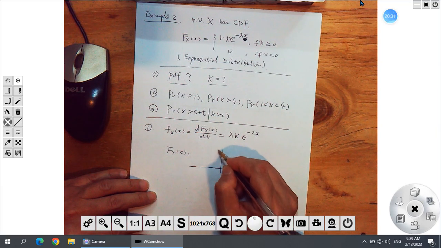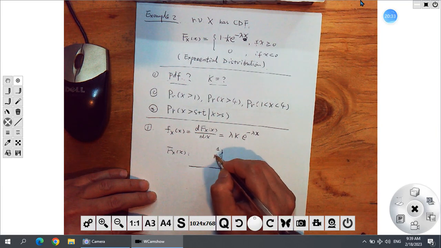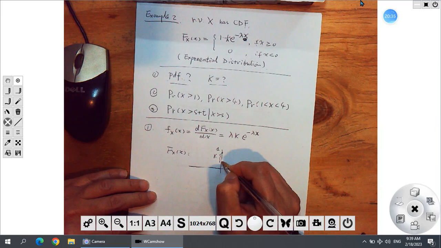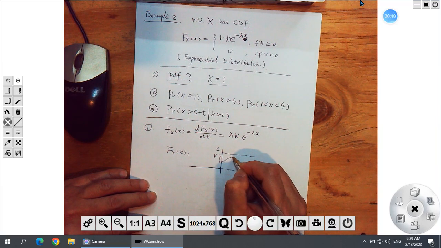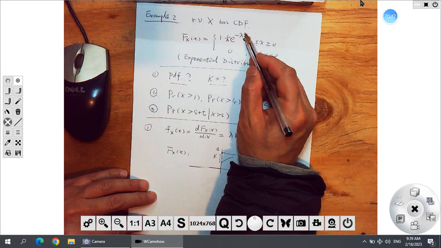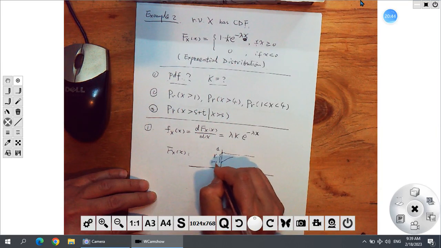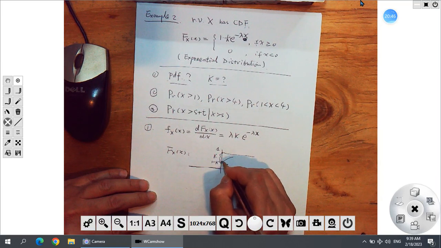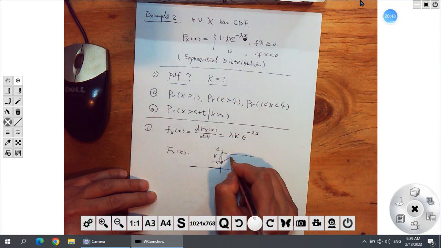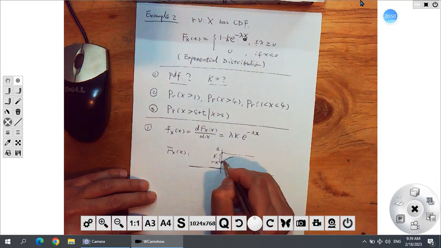Suppose this is 1, here's k. So it looks like this. When x is 0, this is 1 minus k, and then it increases. When x goes to infinity, this term turns to 0. So it looks like this.